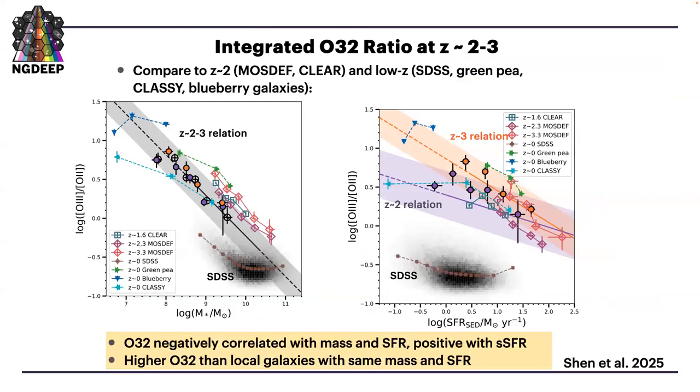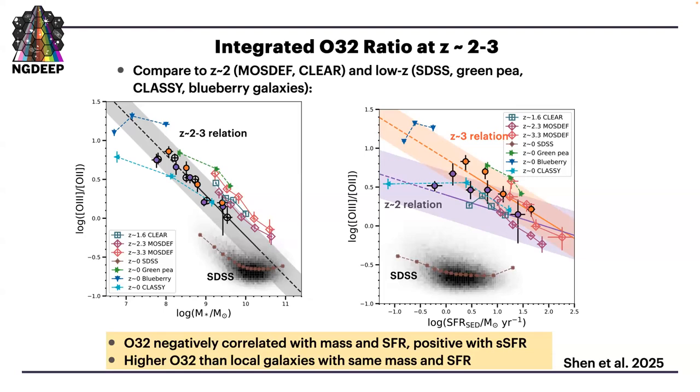This is the same plot as before, but here we compare to galaxies at a similar redshift, redshift 2, from MOSFIRE and CLEAR. Those are the open squares, diamonds, and dots, and they end at a stellar mass of 10^9 solar masses.